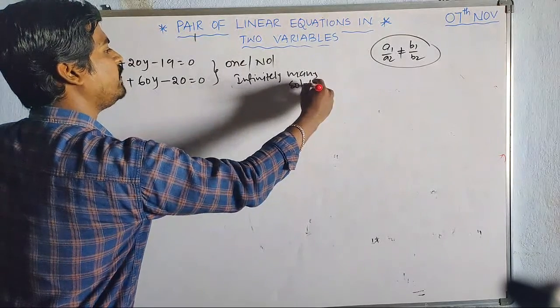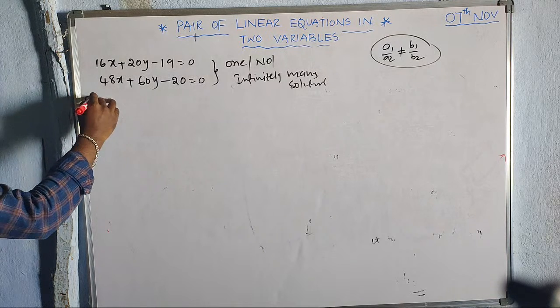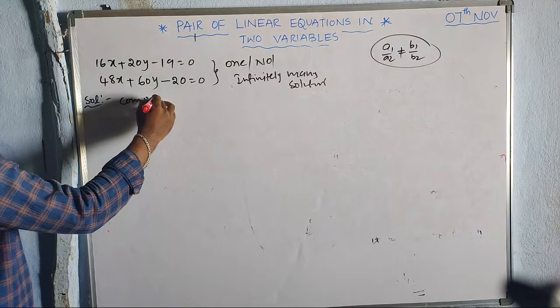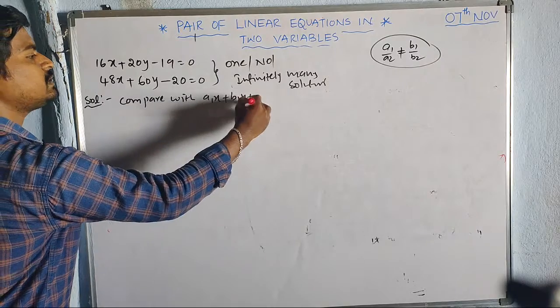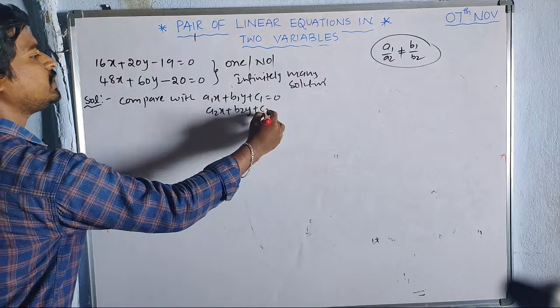Just we have to verify without a graph, friends. So how to start this problem? It is actually a very important problem, friends. Just compare with a1x plus b1y plus c1 equals to 0, a2x plus b2y plus c2 equals to 0.